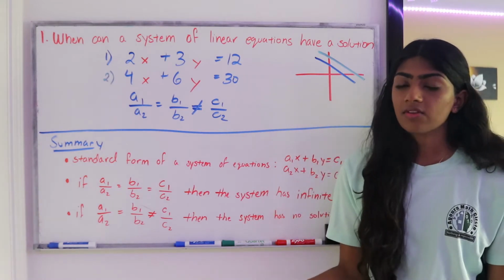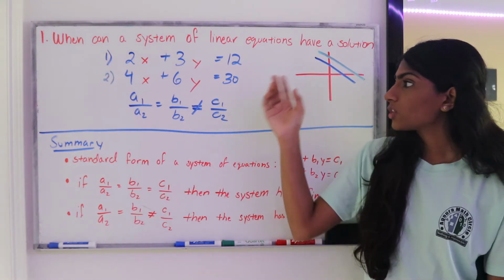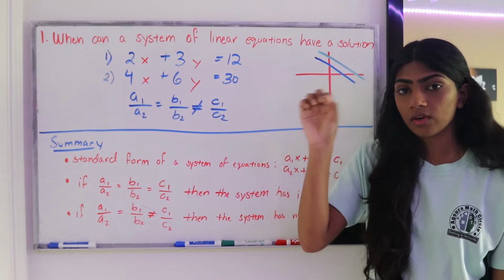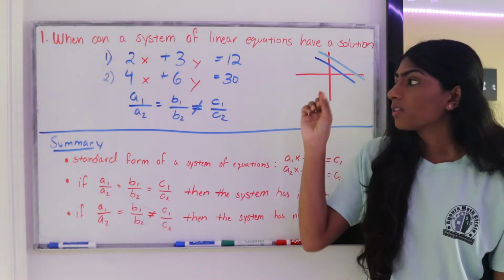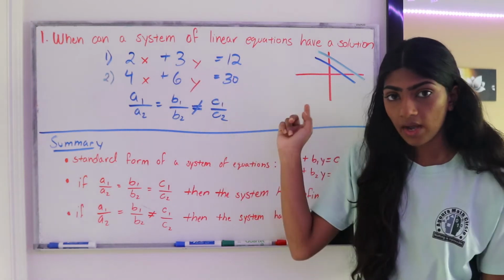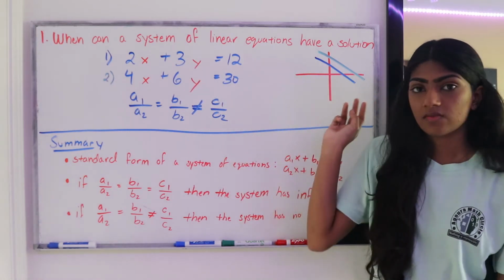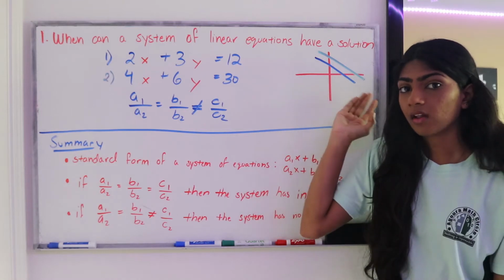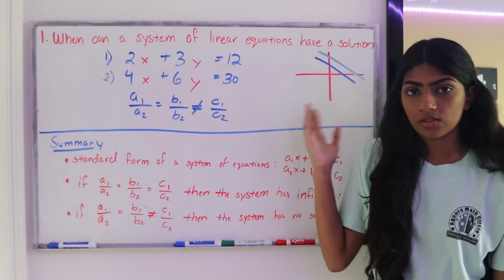Now if you remember the definition of a solution, it's whenever two lines meet, and the coordinate where they intersect is the solution, where x would be the x-coordinate and y would be the y-coordinate. But if both of these lines never intersect and are always going to be parallel, that means that there are no solutions.